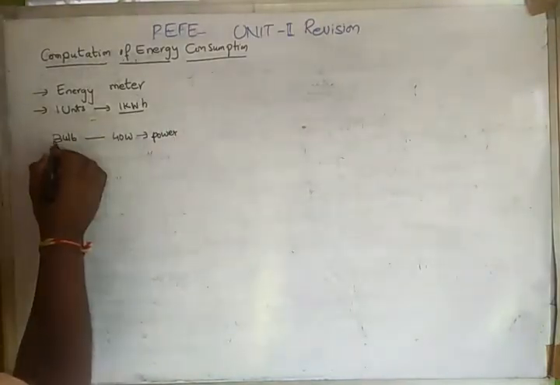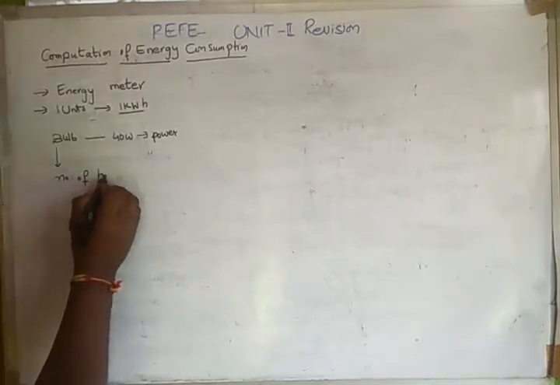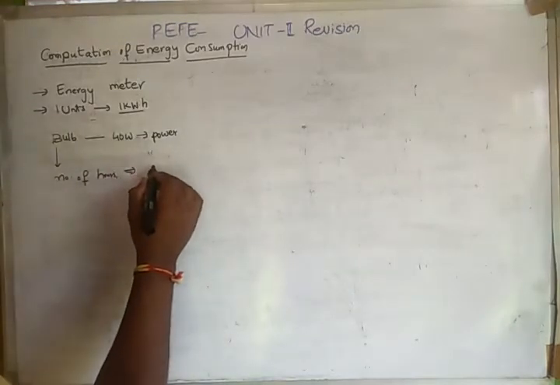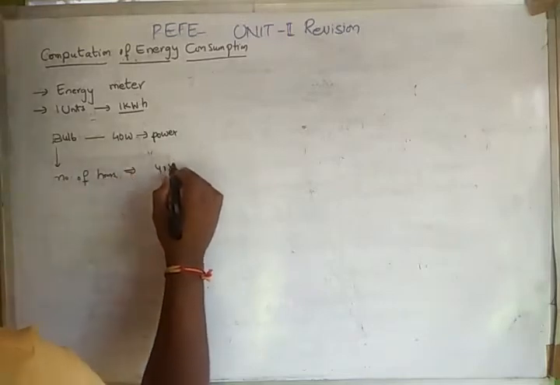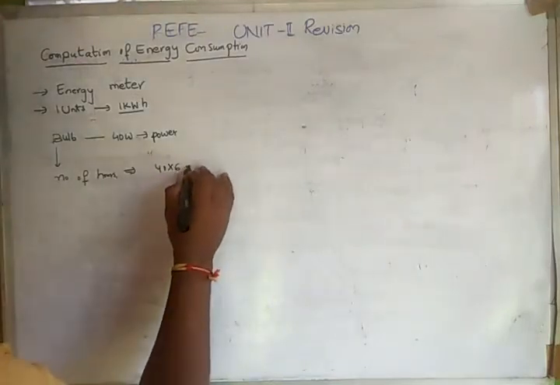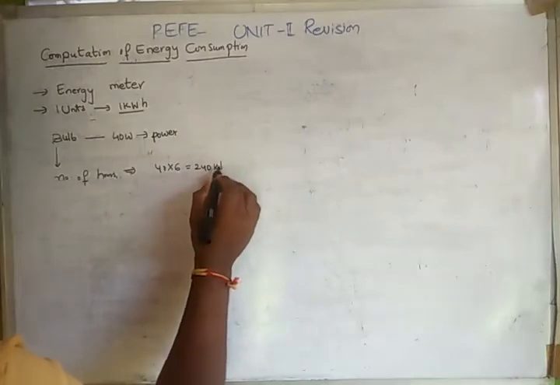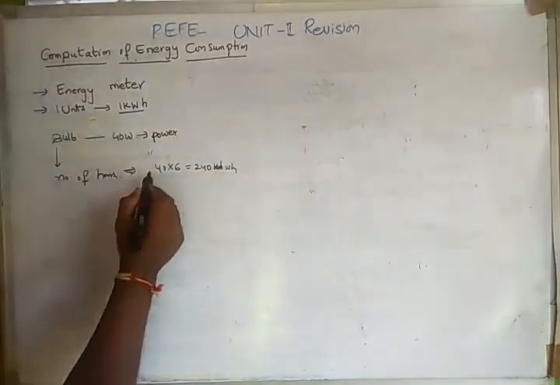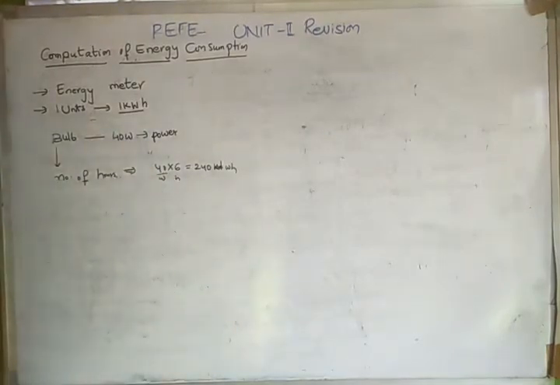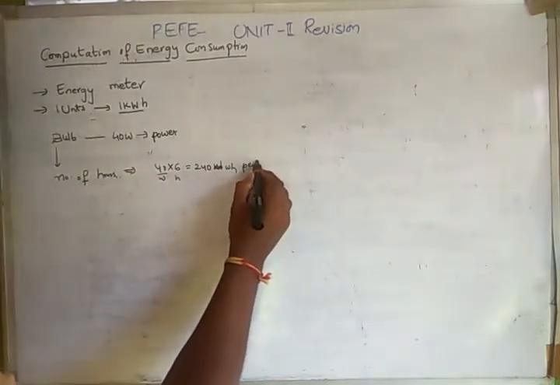Then this 40 watt bulb is used for a number of hours, let us consider 6 hours. 40 into 6 is 240. This is called watt hour: 40 is the power in watts and 6 is the number of hours. So it is 240 watt hours, only for one day.